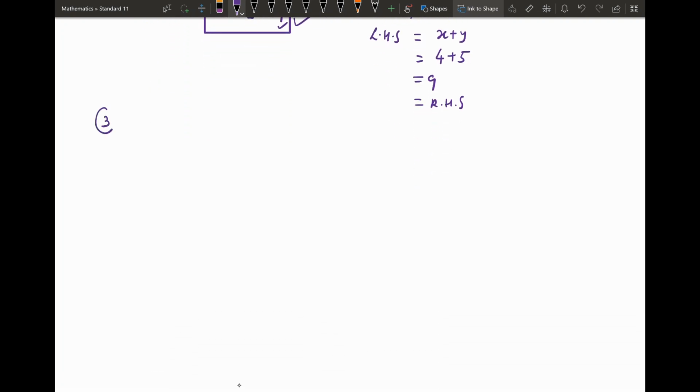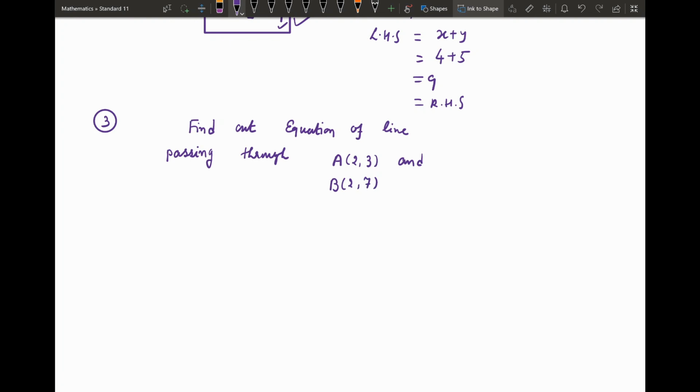Similarly, as homework you can obtain the equation. For practice purposes, find the equation of the line passing through A (2, 3) and B (2, 7).